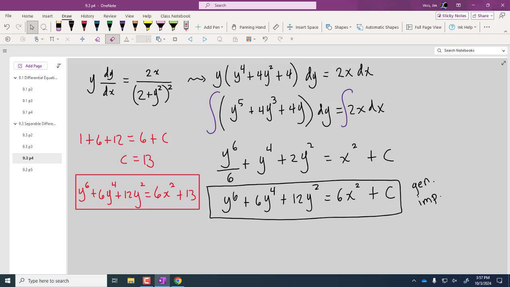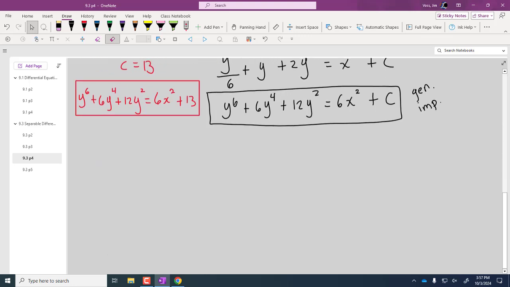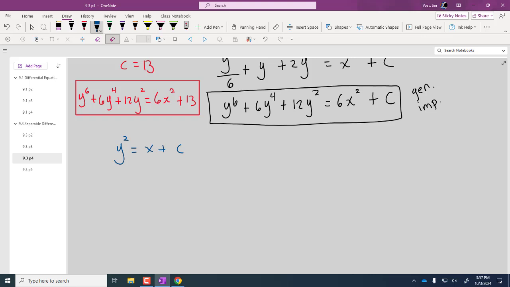If you have y squared equals say x plus c, you cannot write an explicit solution here. If you were to do that, this is still not an explicit solution, because it's plus or minus. When we say explicit, we mean you're isolating y and you're creating a single thing on the right, not a branch.